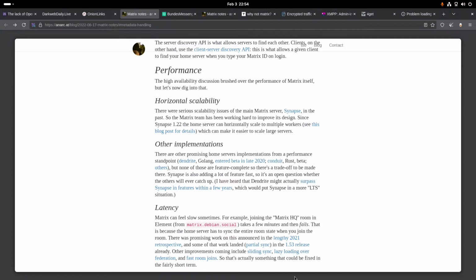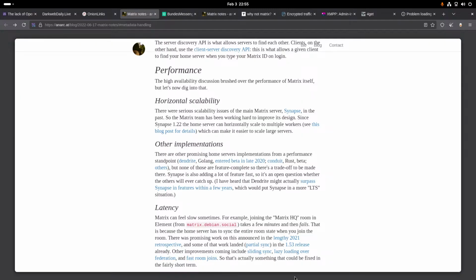The high availability discussion brushed over the performance of Matrix itself, but now let's dig into that. Horizontal scalability. There were serious scalability issues in the main Matrix server in the past, so the Matrix team has been working on improving the design. Since Synapse 1.22, the home server can horizontally scale to multiple workers, which can make it easier to scale large services.